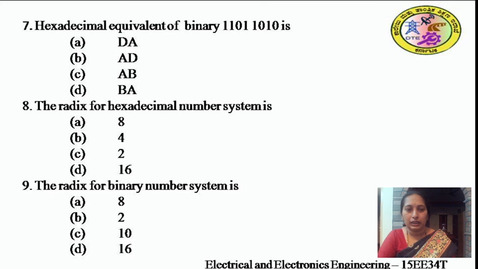The answer is A. The radix for hexadecimal system: radix is nothing but base. Base of hexadecimal system is 16. The answer is D. The next question: the radix for binary system is 2. The answer is B.